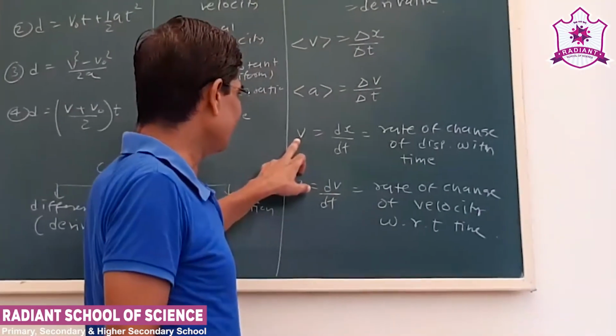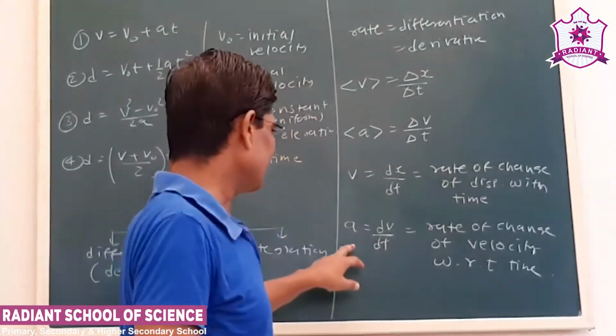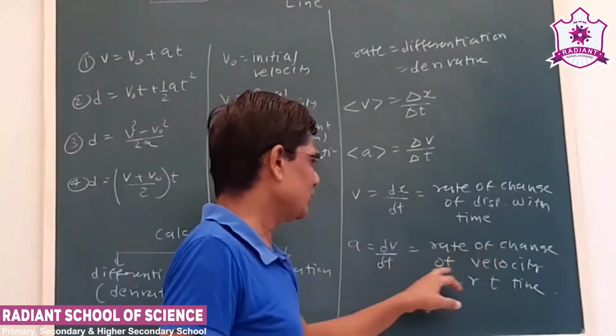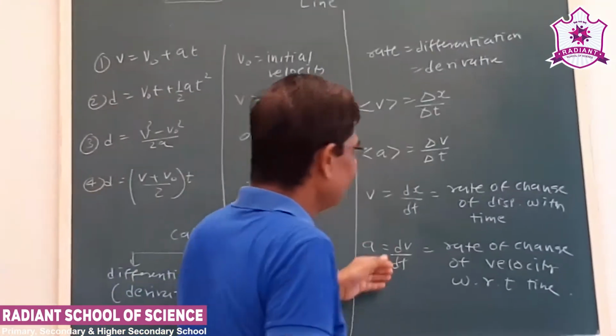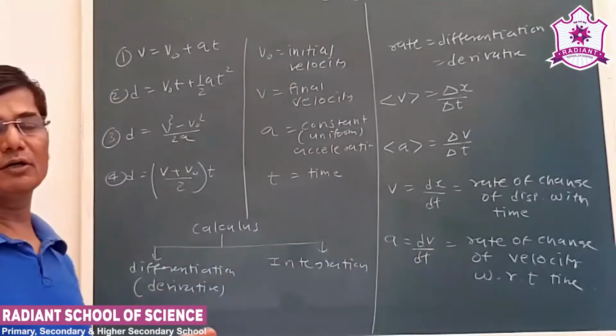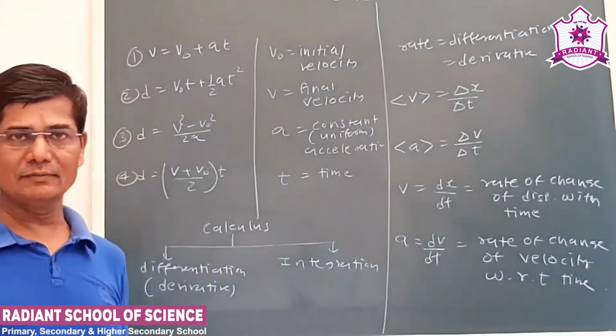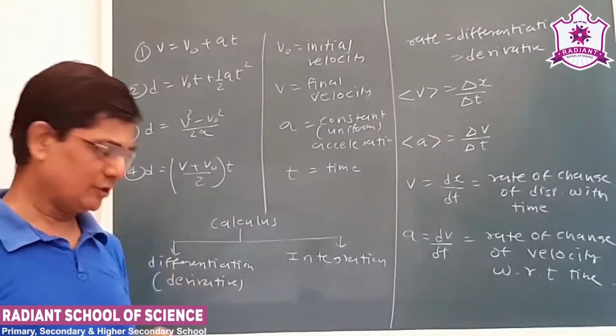So velocity v is dx by dt, the rate of change of displacement with time. Acceleration a is dv by dt, the rate of change of velocity with time. Here dx by dt or dv by dt represent differentiation. Whenever one quantity is divided by the other, or whenever there is a rate, we can say it is differentiation.